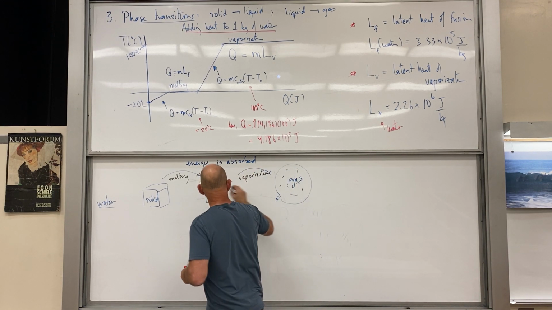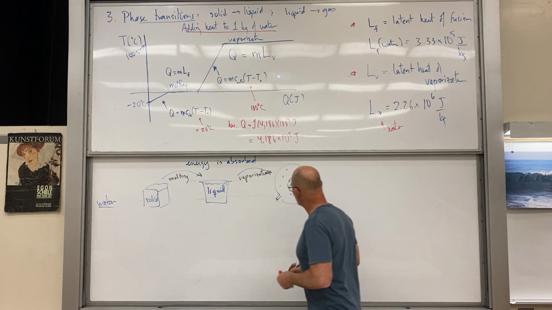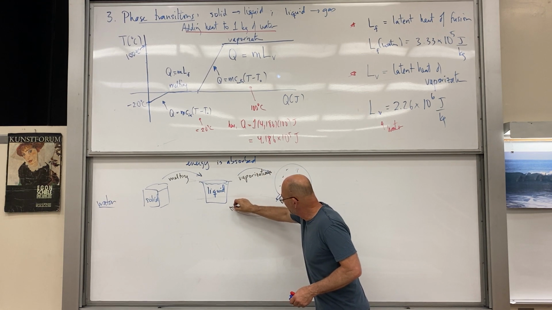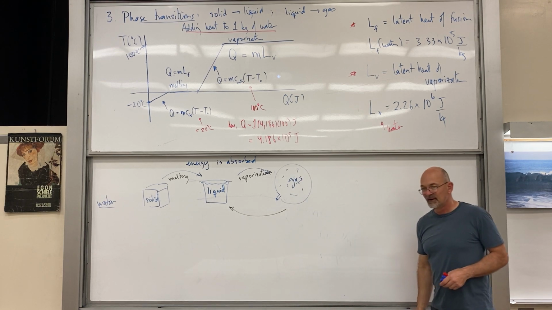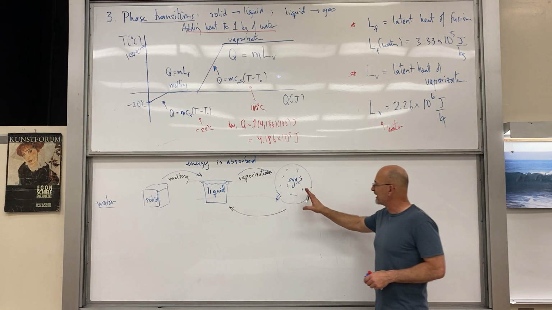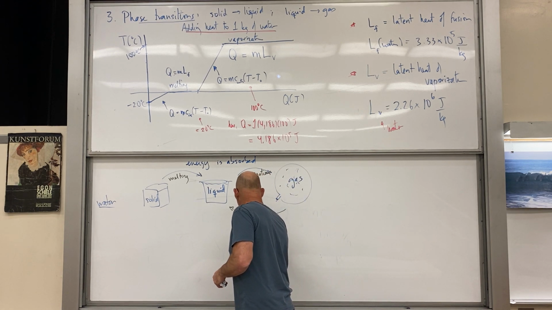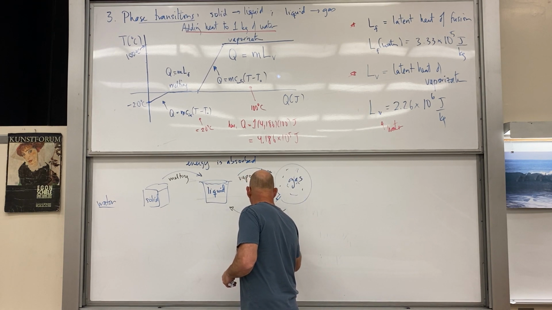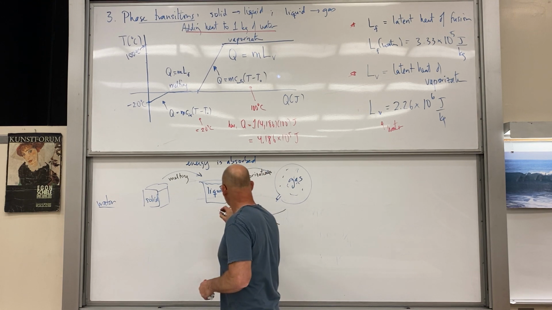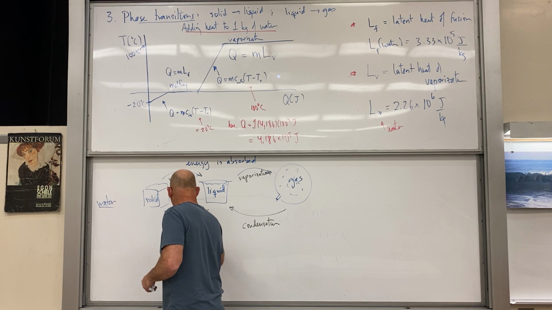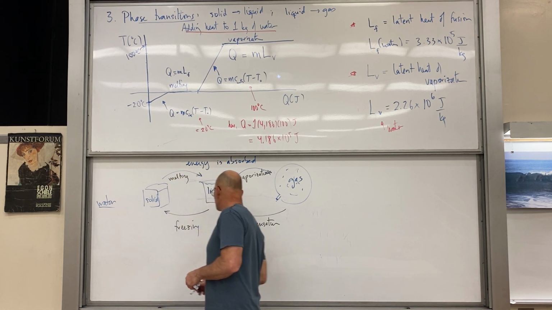Make sure these arrows are pointing, okay? So this direction as well. So we can go from a gas to a liquid, and then we say the gas is condensing into a liquid, condensation. And then if we go from a liquid to a solid, of course, it's freezing. Okay.